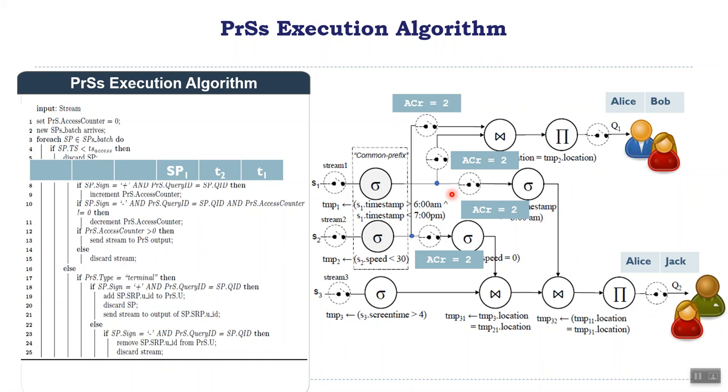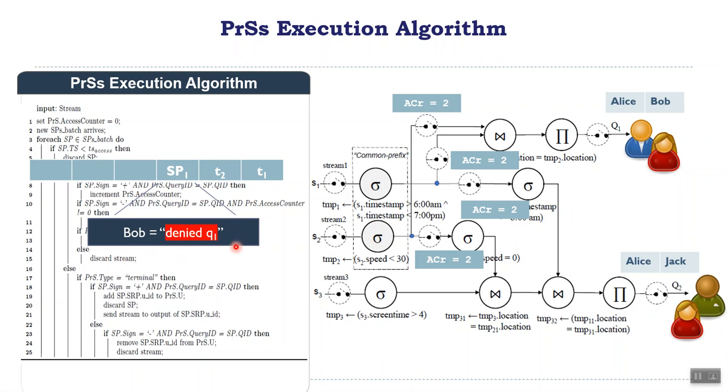Every in-network privacy switch has a counter that we refer to as access counter, and that counter identifies how many users are accessing that particular query output. And so initially, all counters are set to 2. Once the privacy switches encounter in the input stream a security punctuation, they start analyzing the data and the security punctuation, and they behave accordingly.